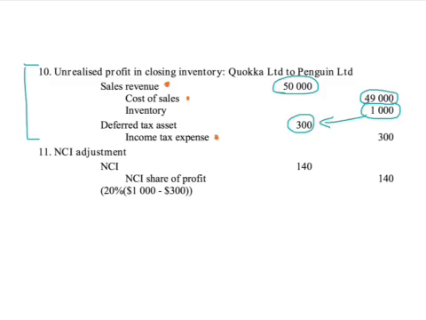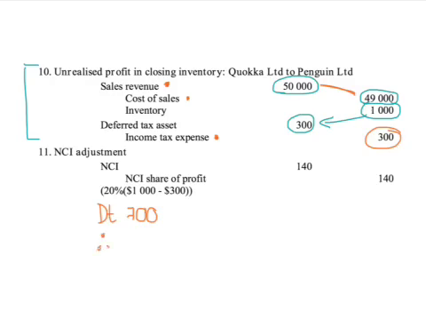So the net effect of that is $1,000 less the income tax expense, so it's $700, the net effect, and it is a 700 debit to the income statement.